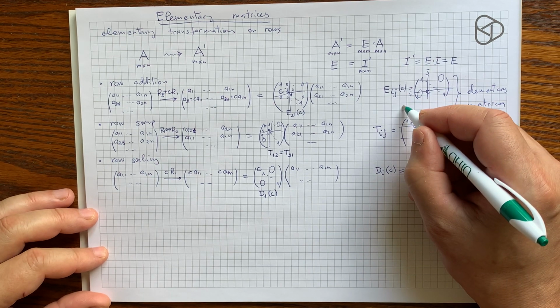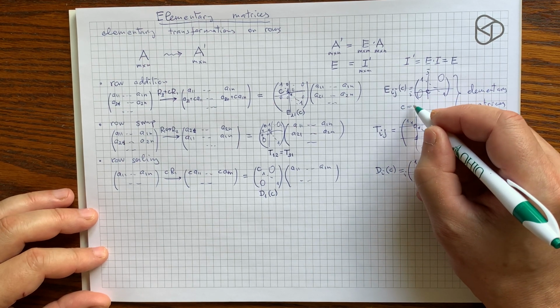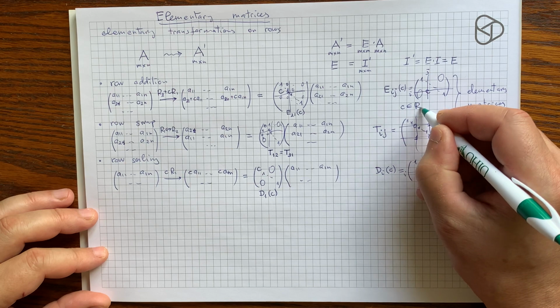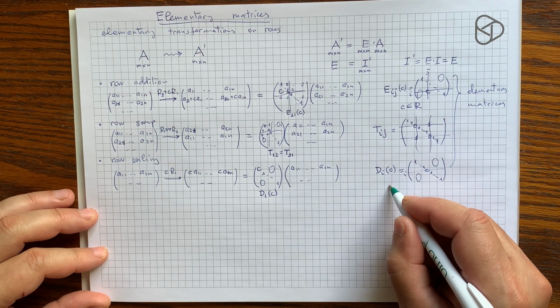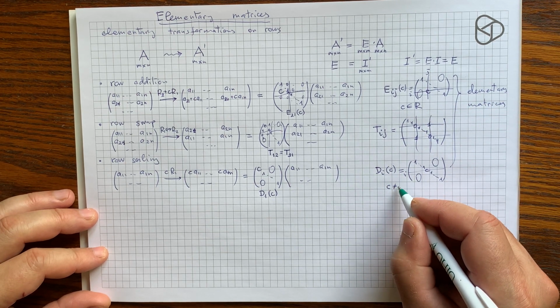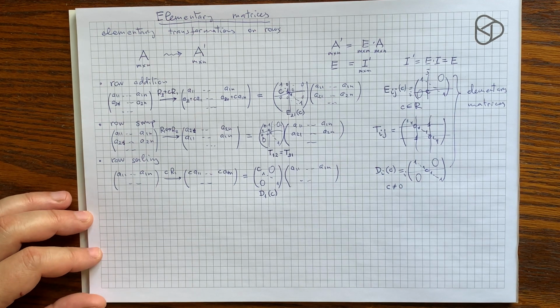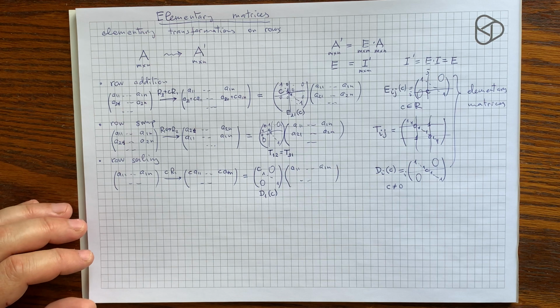For the row addition, C can be anything, any real number. For the scaling, the scaling coefficient has to be non-zero for the matrix to be invertible, as we will call it in the next lecture.